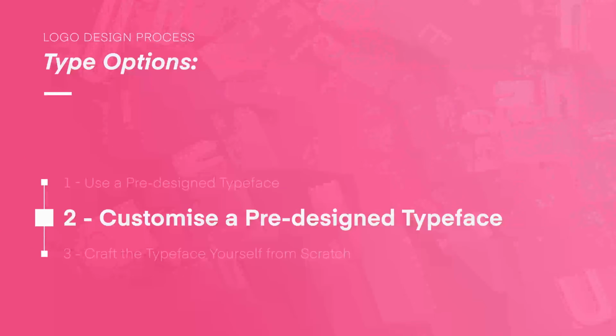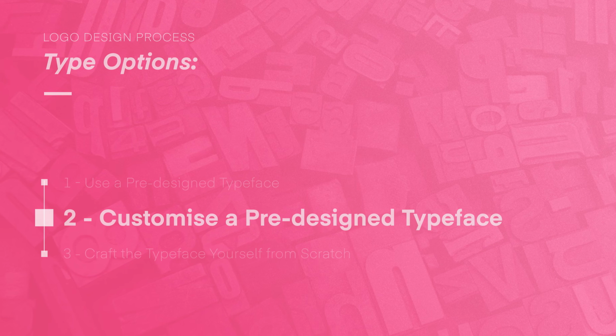Now, the next option is customizing pre-designed typefaces. As I said earlier, crafting bespoke letterforms can take a lot of skill and can take a lot of time. One option available is to customize a pre-designed typeface. When designing a logo, one may find a typeface that is right for a design but choose to customize it slightly for a variety of reasons.